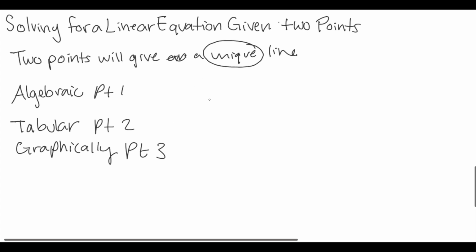Algebraically is going to be interesting, because when we talk about this, we're going to talk about the concepts. So we're going to keep it all in variables on one side, and go really slow and be thoughtful here.